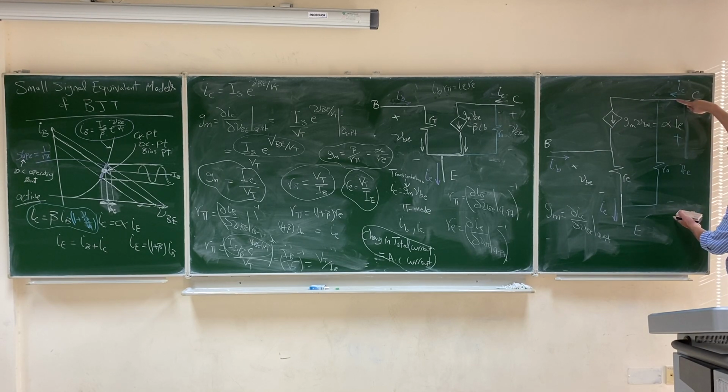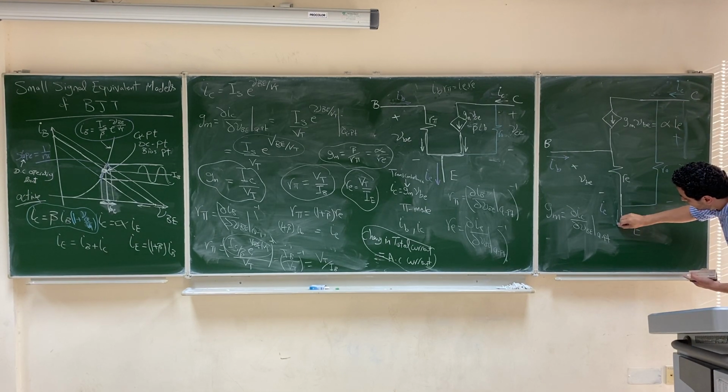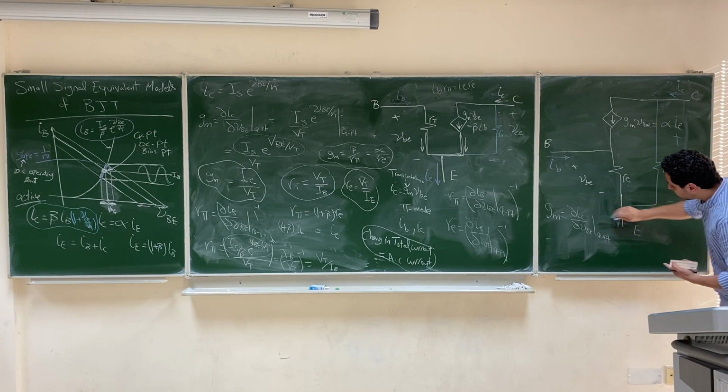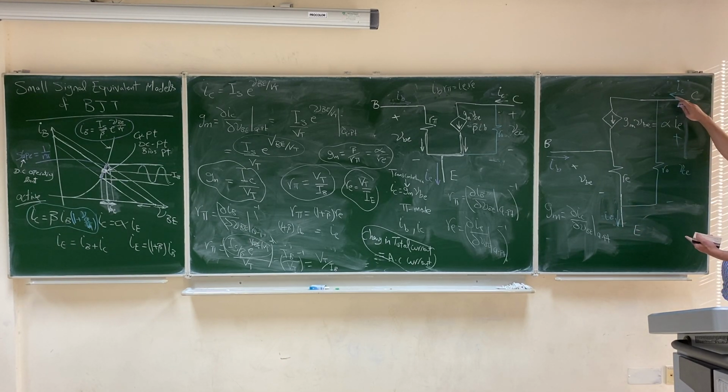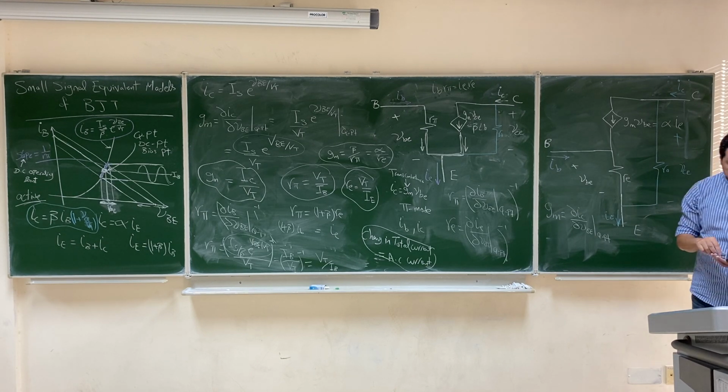So the voltage VCE is between these two terminals, between the collector and the emitter. The emitter is here, by the way, and this is the current of the emitter. Now the total current, and this is the current of the collector. Okay, there are two components for the current of the collector. One of them is dependent on VBE, and the other one will be dependent on VCE. Okay.